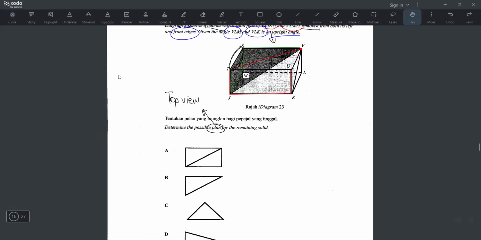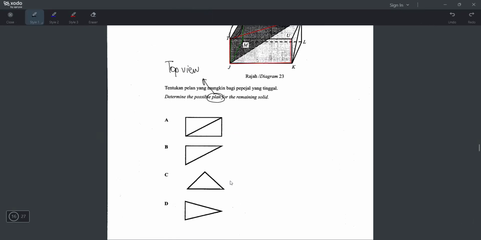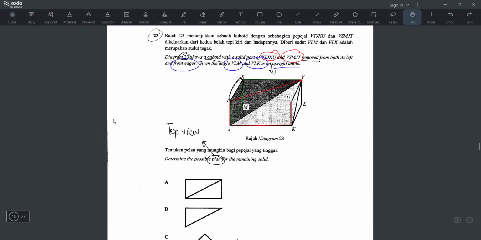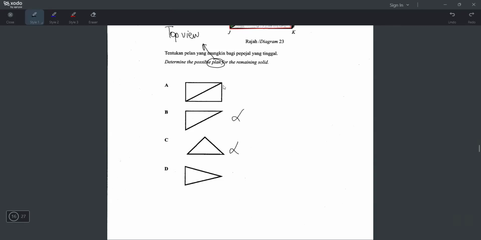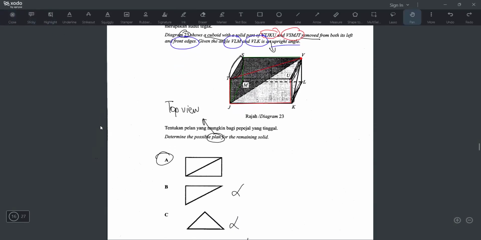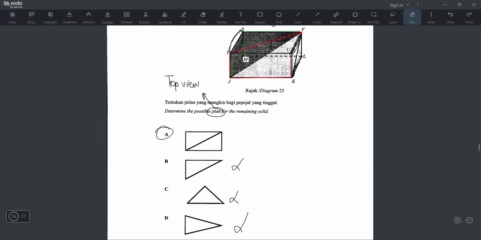So definitely C is wrong, because there's no line here. And I can see that this line you can still see, so there should be one line here. So I know B is wrong also because there should be a line here, and D is wrong, so the answer is A.